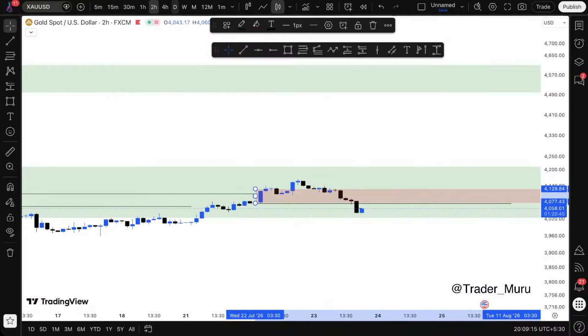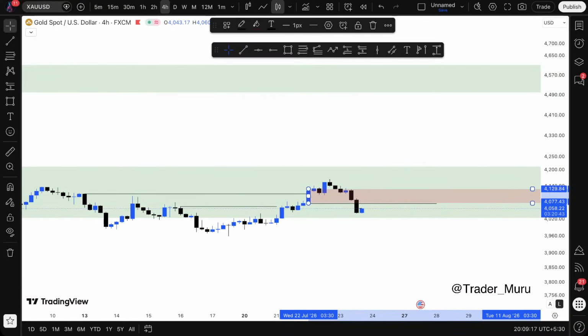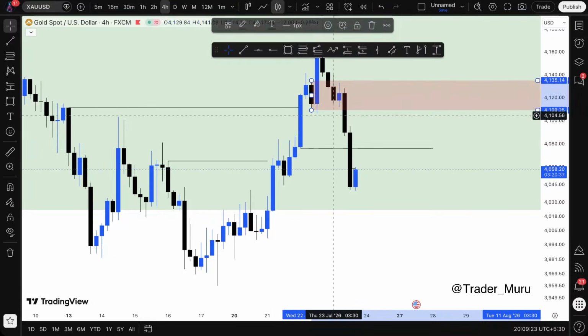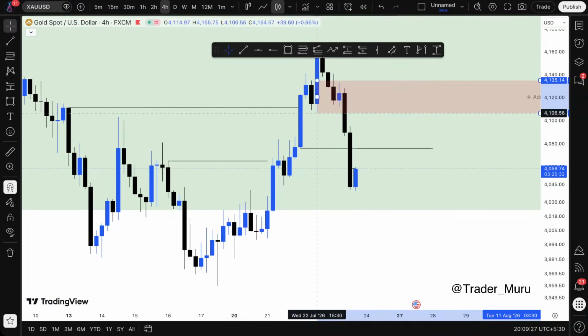And still my most preferable short area is this supply. Demand turned into supply.